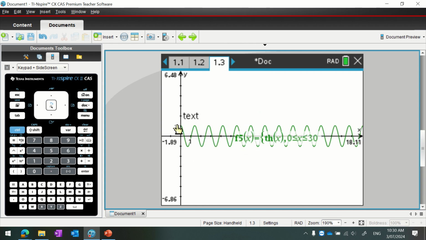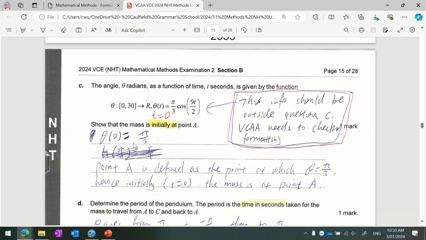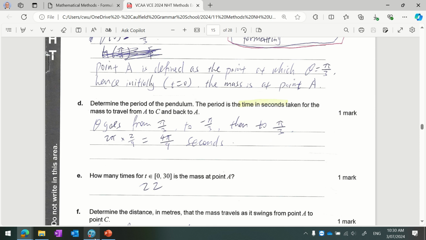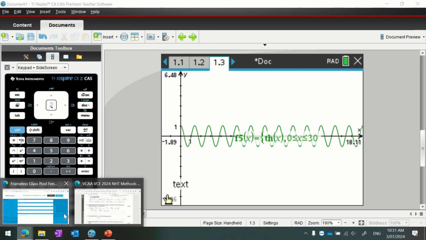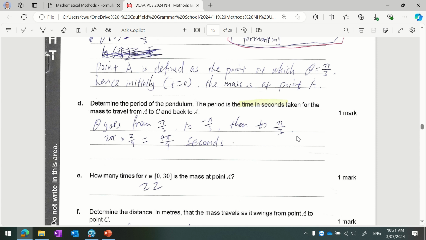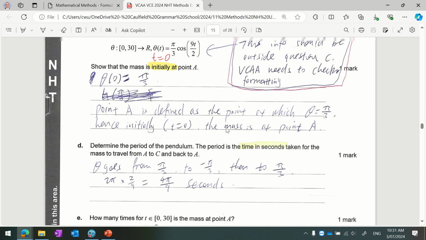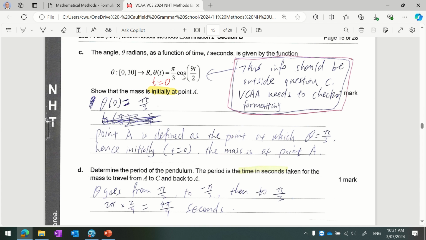If we draw this, this is pi over 3, because when theta is 0, it's pi over 3. So what I want is from pi over 3 to negative pi over 3 back to pi over 3. All I'm looking at is one period of the theta function.